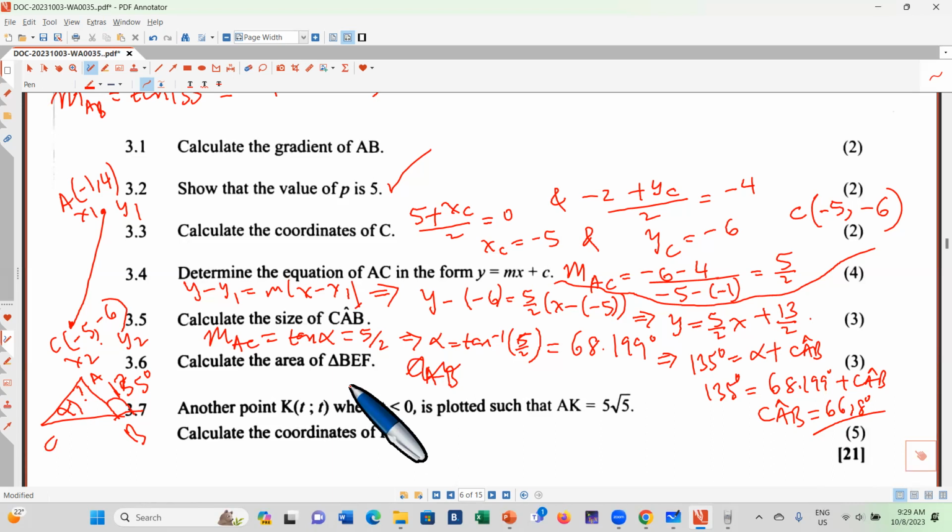The area of BEF. So what do we do right now to get the area of triangle BEF?